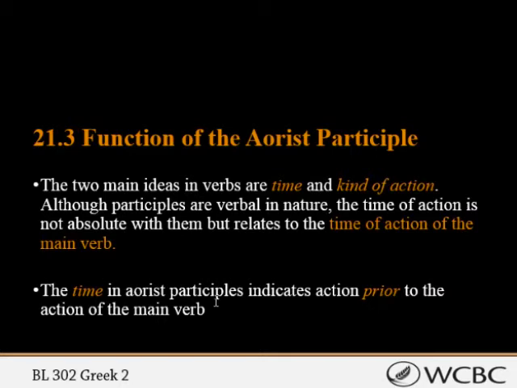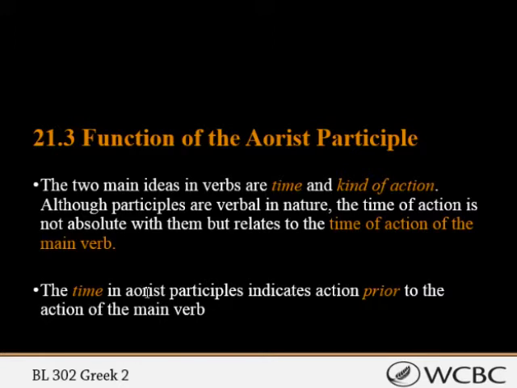So when we're dealing with participles, they are verbal in nature, and the time of the action is not absolute. The main verb of the sentence provides you with the timing of that particular sentence. Is it past, present, or future? When we have the participles, the participle relates to the time of the main verb, and so when we're dealing with the aorist participles, the time is going to be prior to the time of the main verb.